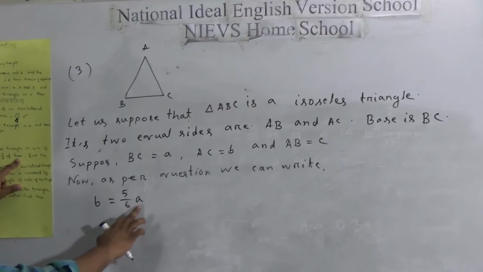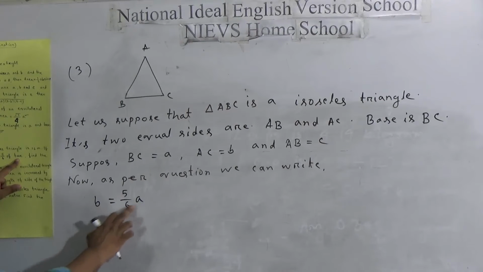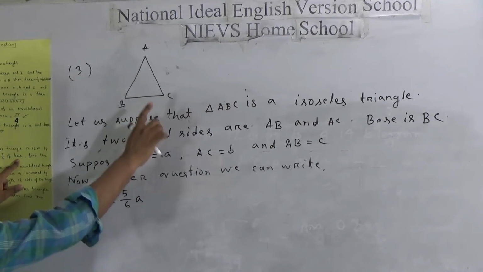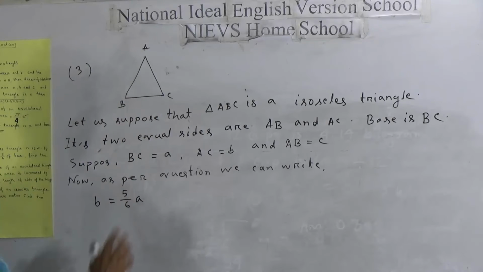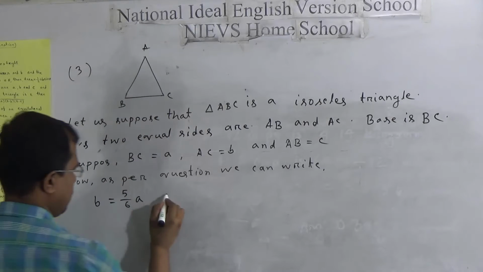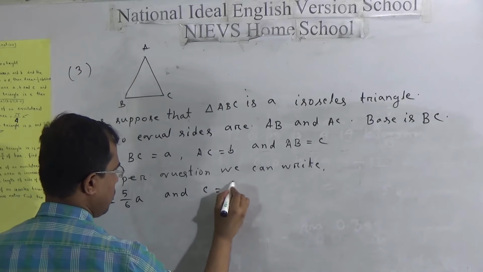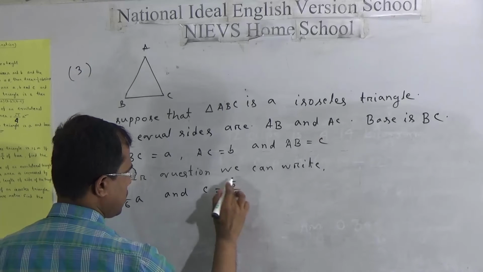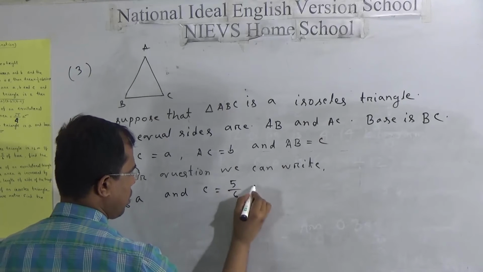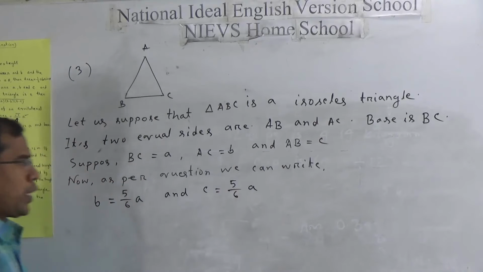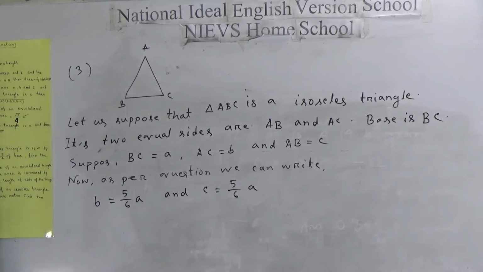Here base is A. So B is equal to 5 by 6 of A and C will also be 5 by 6 of A. Now here the perimeter is 16 meters.